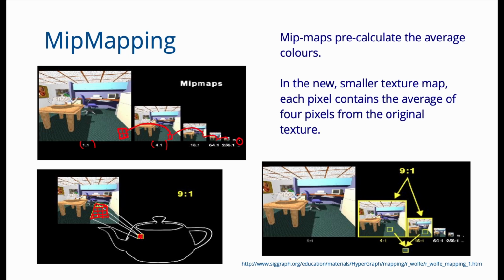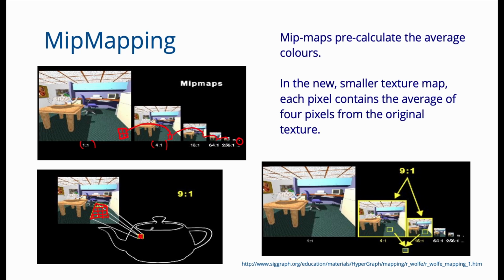The super sampling solution would have been to take 9 samples of the highest resolution texture image and average them out and assign them to this fragment.